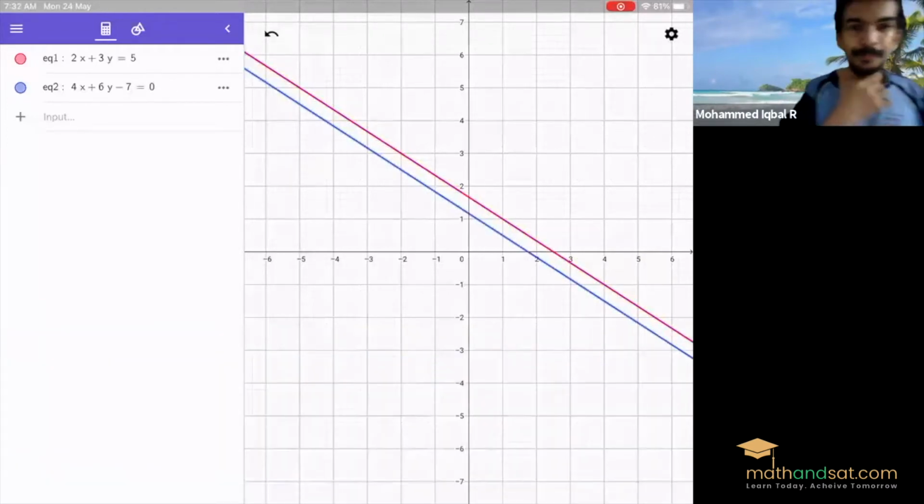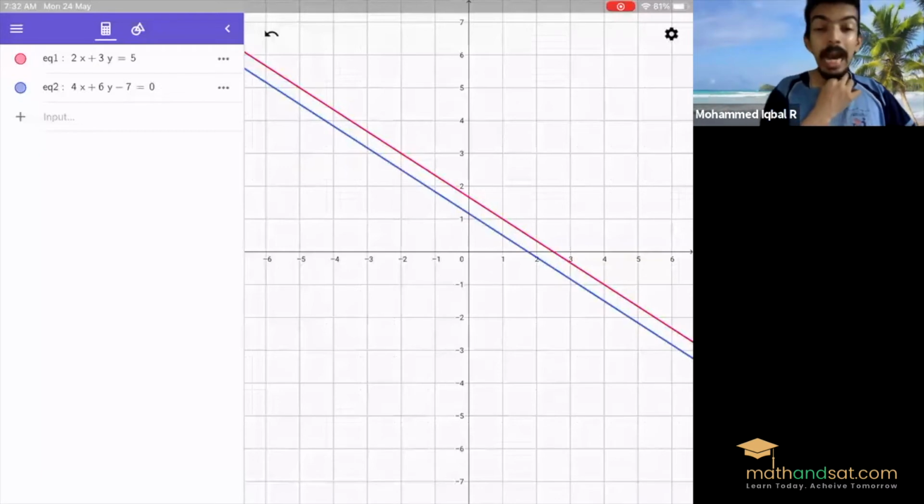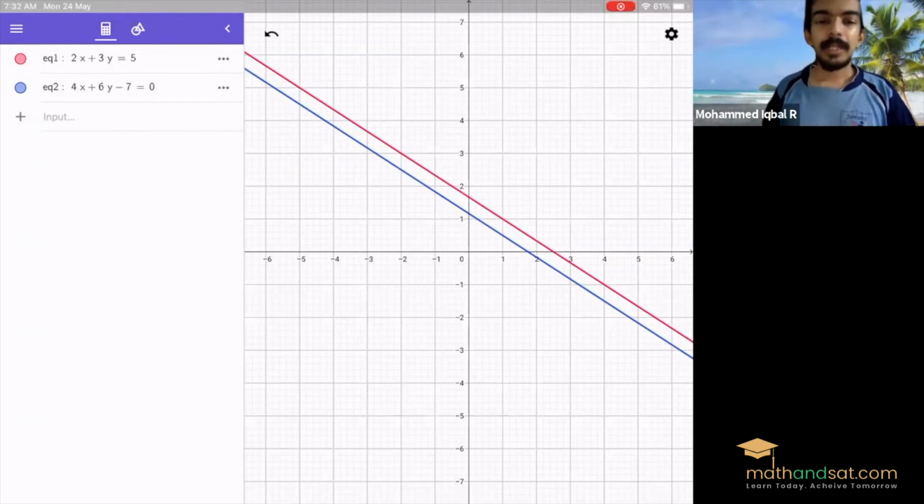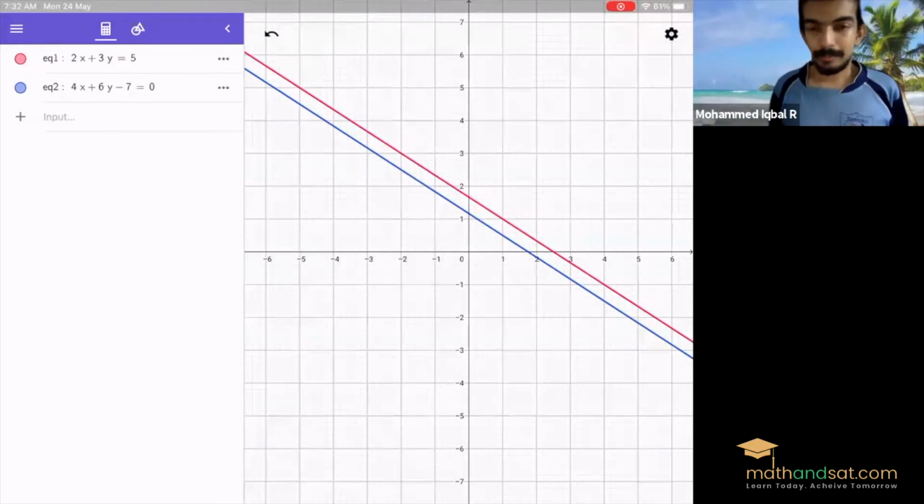See, they are parallel. Now they are parallel. Okay. Did you get this point? They are now parallel.